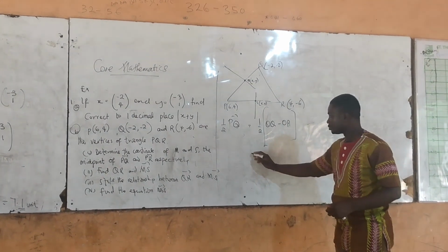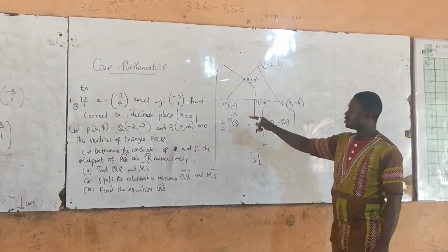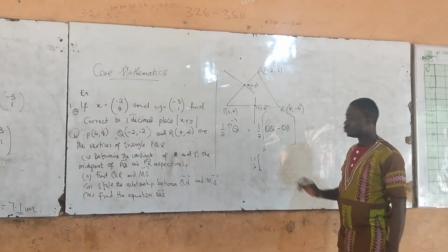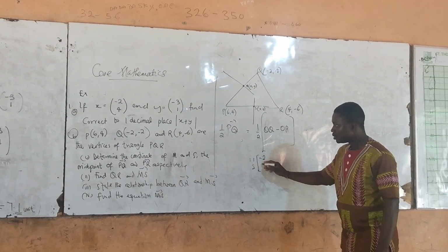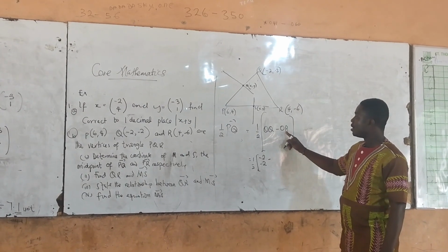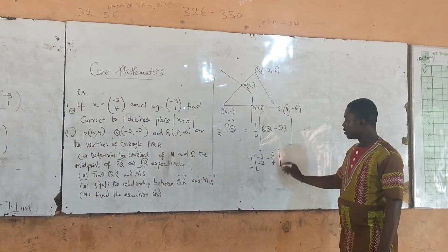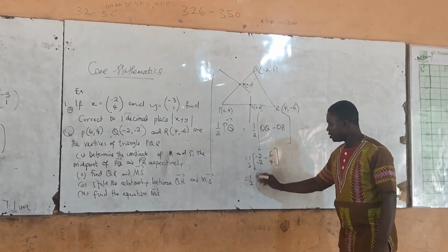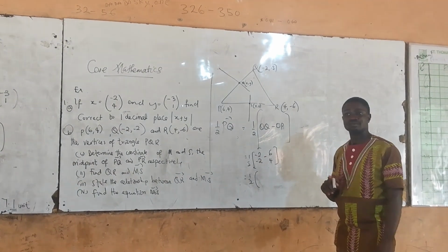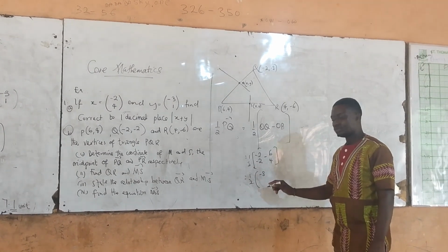Now let's do the substitution. Half of OQ minus OP. What is our Q? (-2, -2), minus P, which is (6, 4). Doing our subtraction, -2 minus 6 will give you minus 8, and then -2 minus 4 is going to give you minus 6.